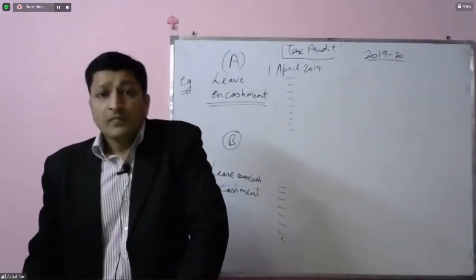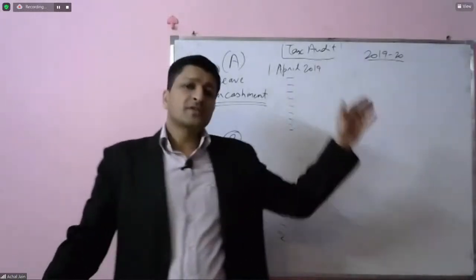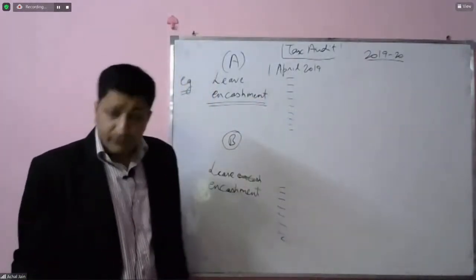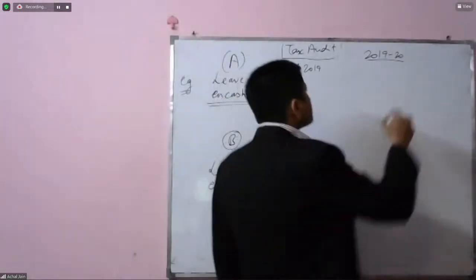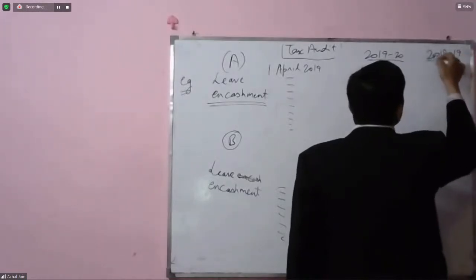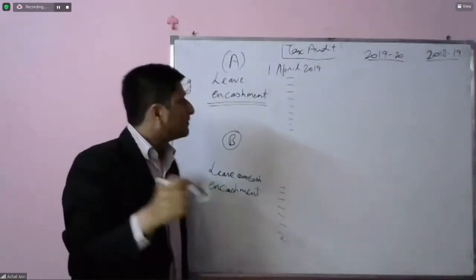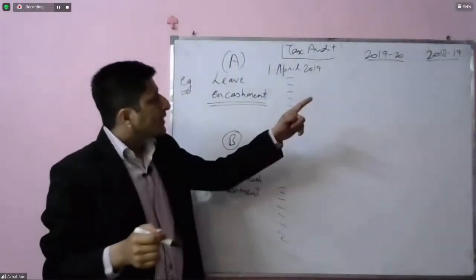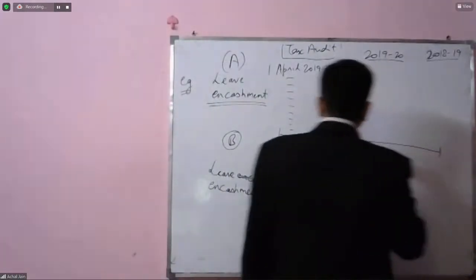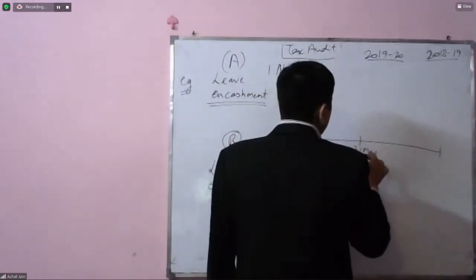Okay. And these were not allowed in the assessment of preceding previous year, which is possible because if we go back to preceding previous year, under what situation they would not have been allowed? If you look at 2018-19, so this is 31st March 19.